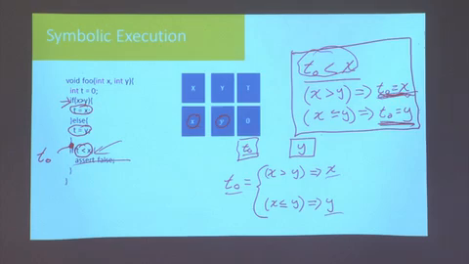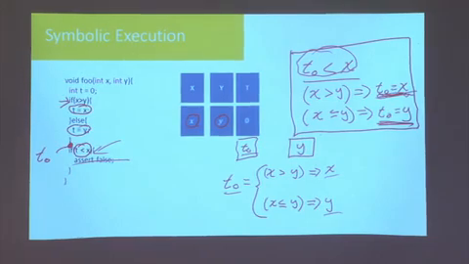And therefore, again, that case cannot be satisfied. So what we have here is an equation that has no solution. It doesn't matter what values you plug into this equation. You cannot solve it. And that tells us that no matter what inputs we pass to this code, it will not go down this branch.